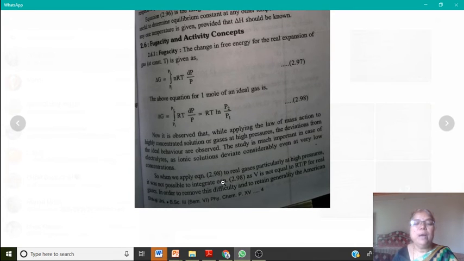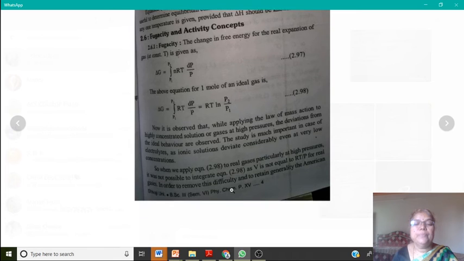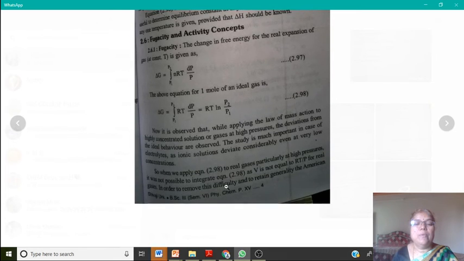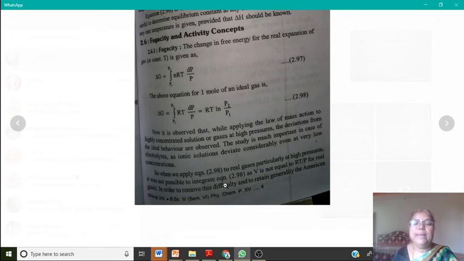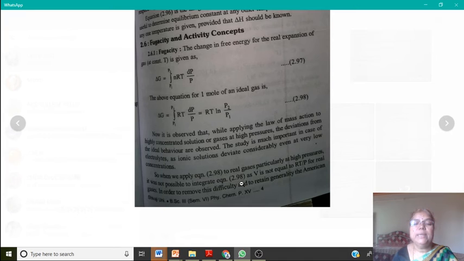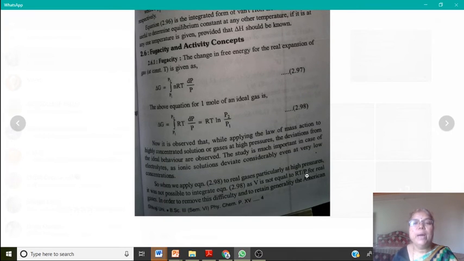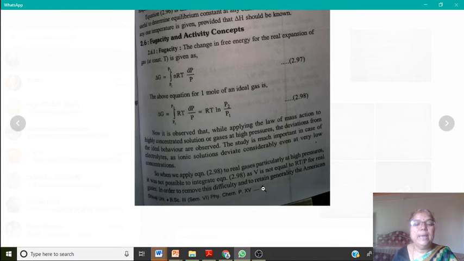So, when we apply this equation to real gases, particularly at high pressure, it was not possible to integrate this equation, as phi is not equal to RT by P for real gases.